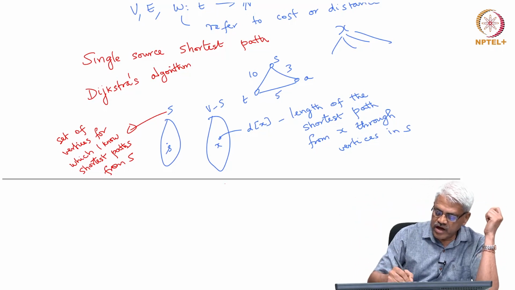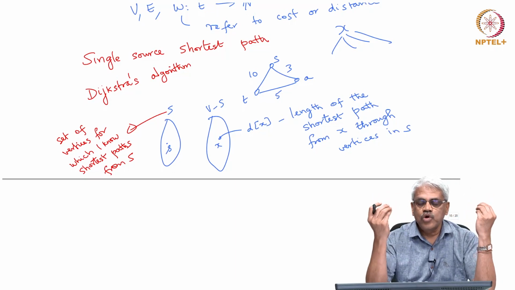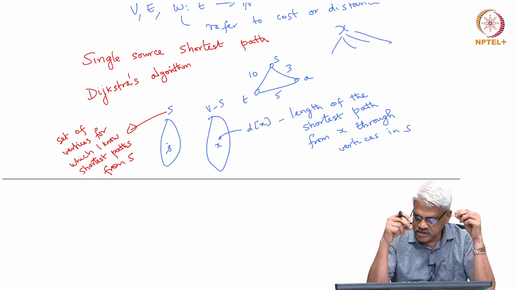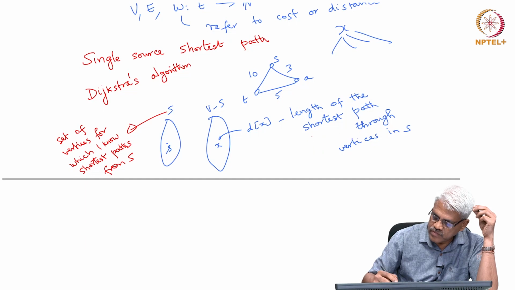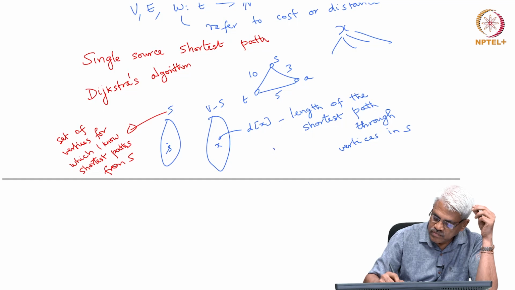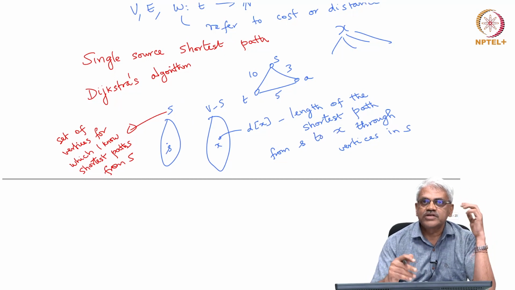For every other vertex I am going to remember, pre-calculate and store the length of the shortest path from x to that vertex, but the intermediate vertices all belong to capital S only.